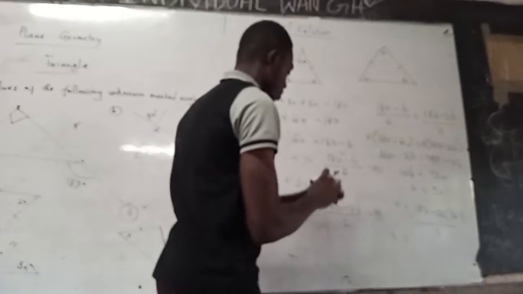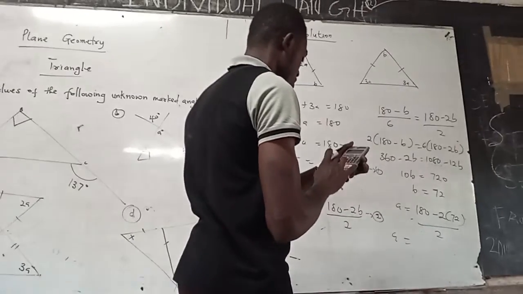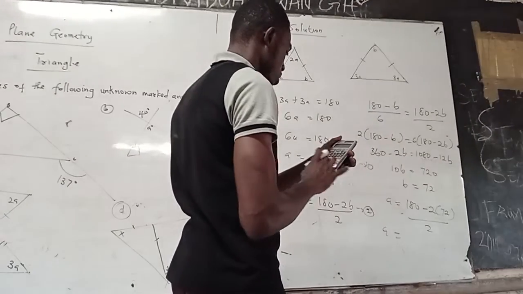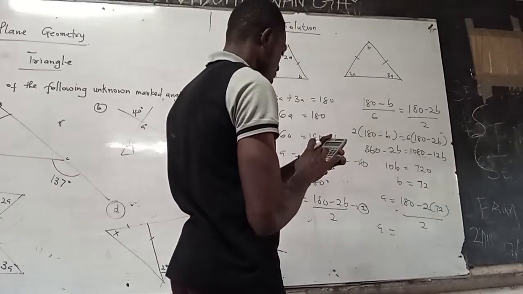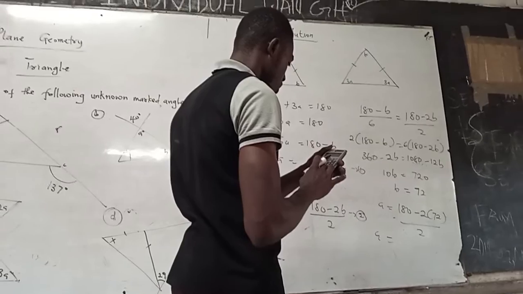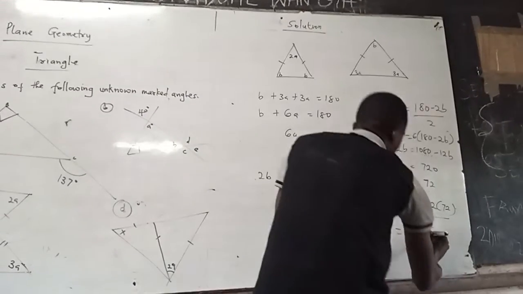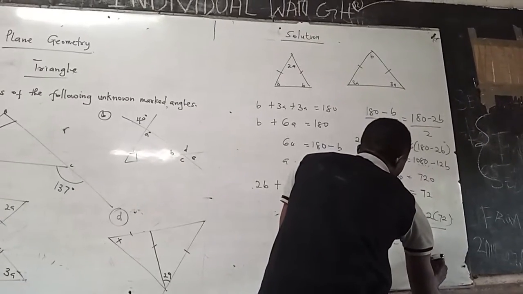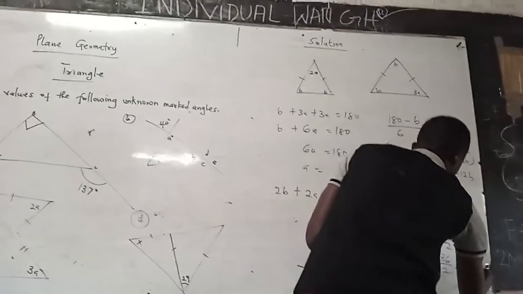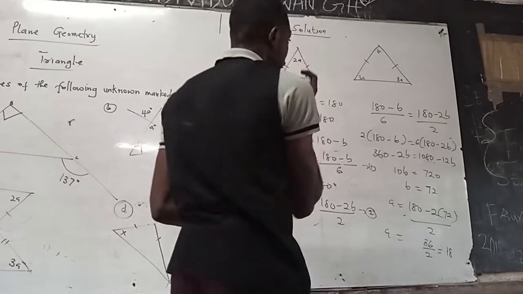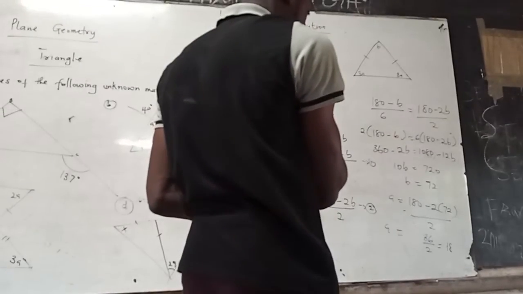So now, when you have 180 minus 2 into brackets of 72, it means that you are going to get here to be 36 divided by 2, and you get what? 18. So means that only A is 18.